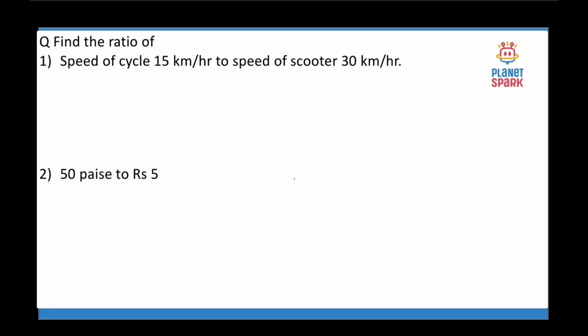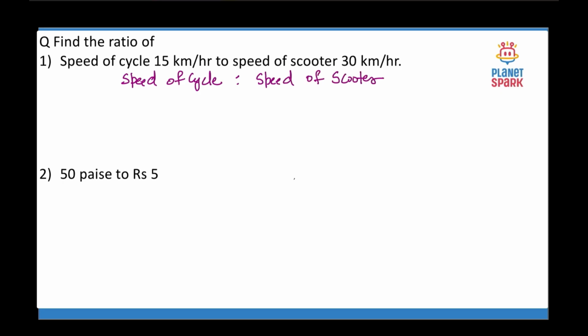Let's find out ratio of speed of cycle, which is 15 km per hour, to the speed of scooter, which is 30 km per hour. First, I have to make sure that the units are same.